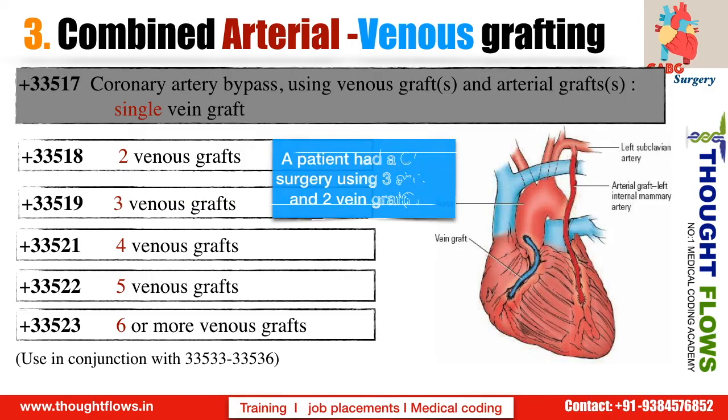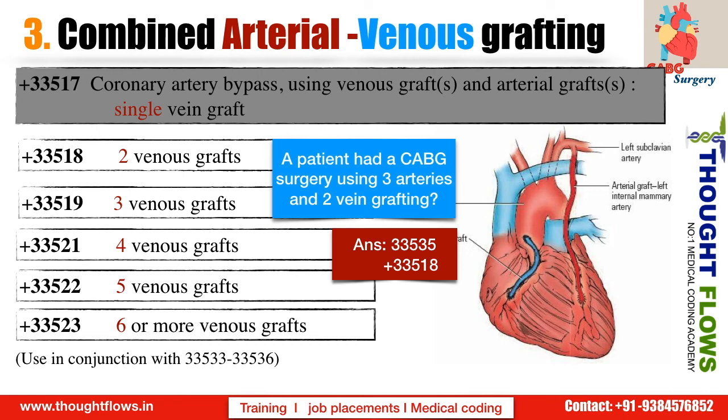Let's see the example. Patient had CABG using 3 arteries and 2 venous grafts. So we have to take the code 33535 for the arterial grafts, which is a primary code, and an add-on code of 33518 for the 2 venous grafts used by the surgeon.